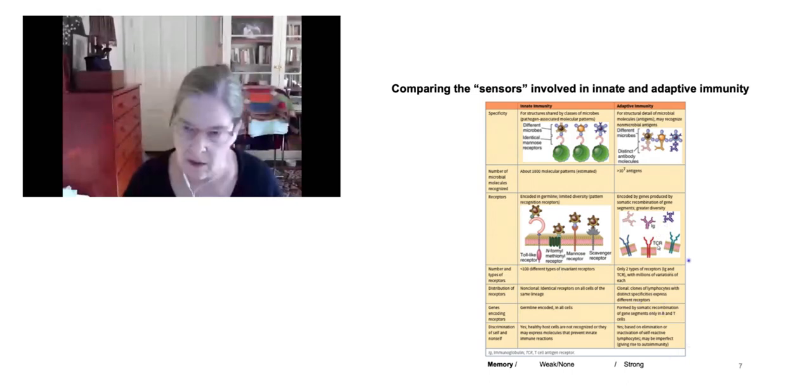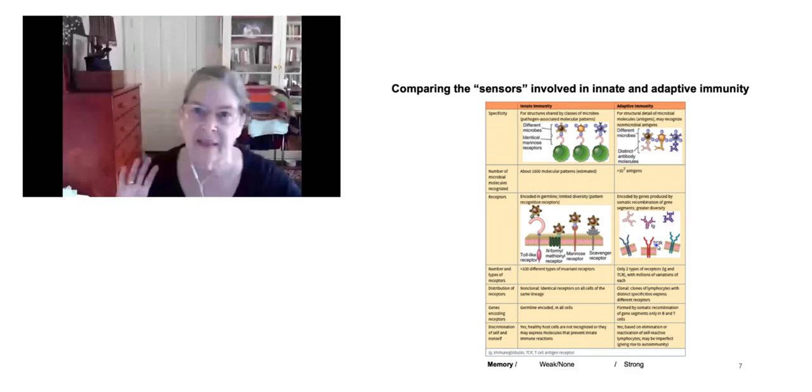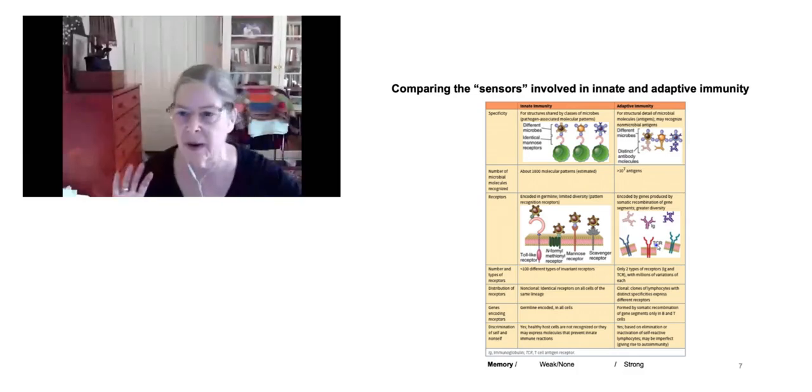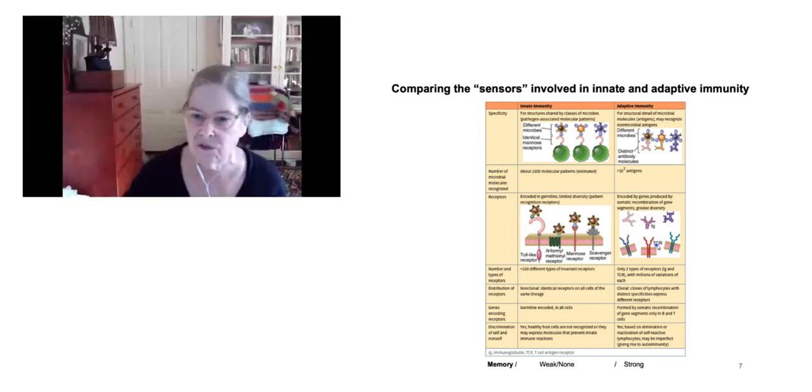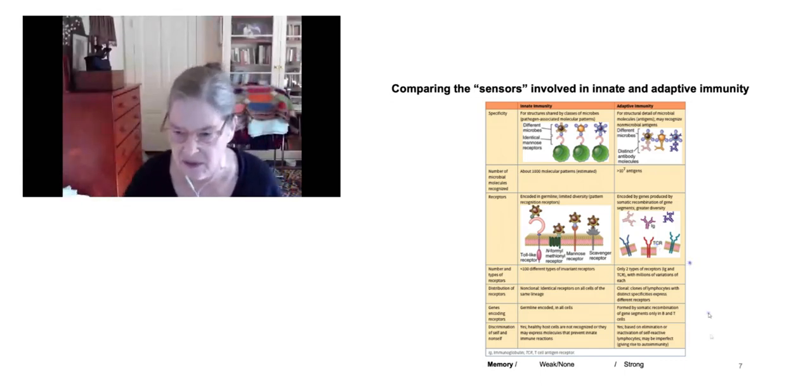Whereas with adaptive immunity, you have a very strong memory response, which is why, for instance, when you get immunized, you typically take the vaccine twice, because you need to set the response, and then that produces memory cells. When you get boosted, that causes a secondary response that's much stronger.